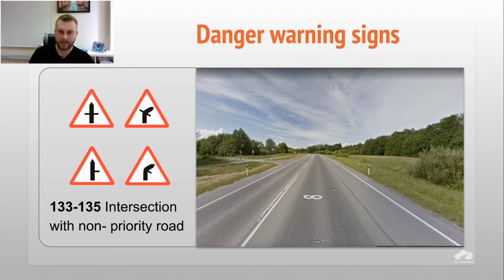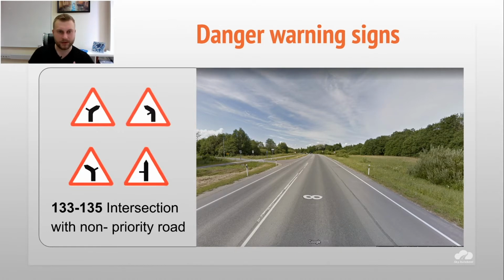So better not to make overtakings if you see this sign, because it can be a road on the left or on the right side. In this case it's very important to follow your own lane without any overtakings.